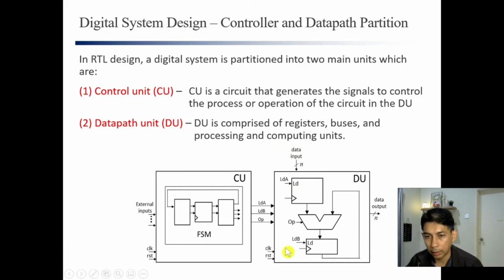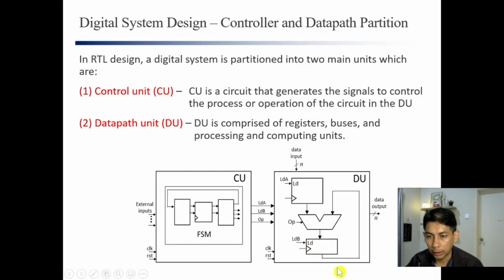So actually, we have learned this before, right? We have learned how to design this kind of circuit already. So DU comprises registers, ALU, the processing or computing unit, and also the buses, how these things are connected together.